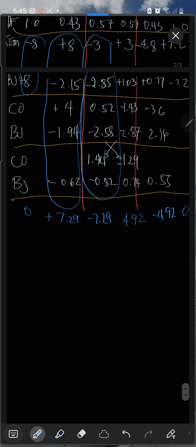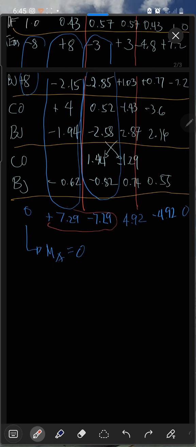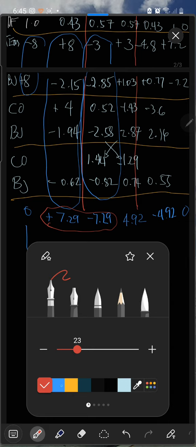Okay. So this one is the moment at A equal to 0. And kani, mag-prevail ang negative pag internal moment.